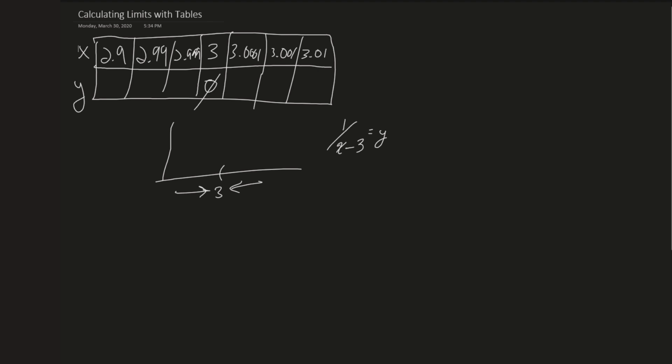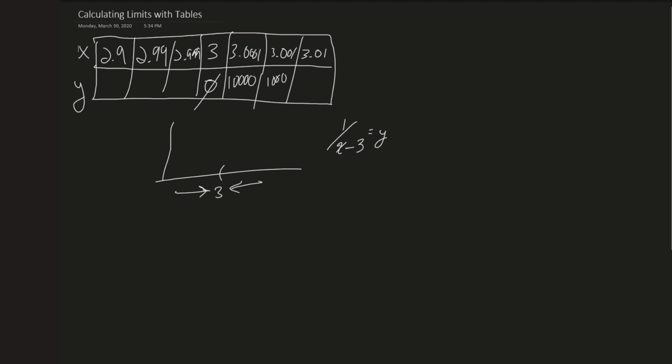So in a function like this, if they gave us a value that was greater than 3, we would get a positive outcome. Now these aren't exact values, but we would see something like this. This value might be something like 10,000. Meanwhile, 3.001 might be something like 1,000.